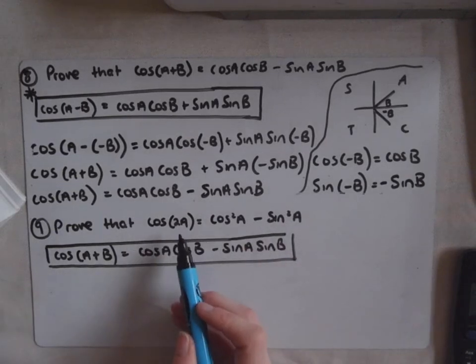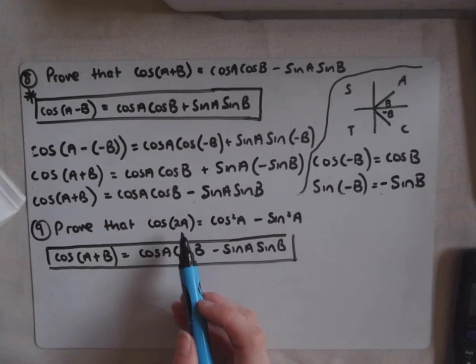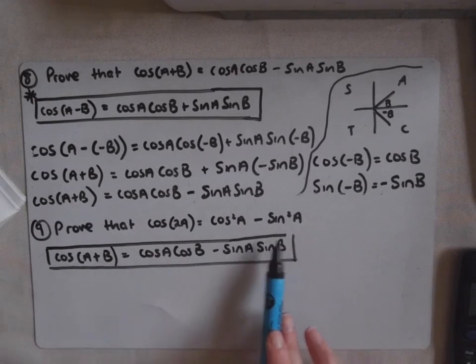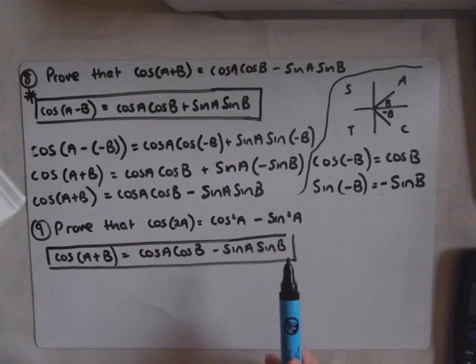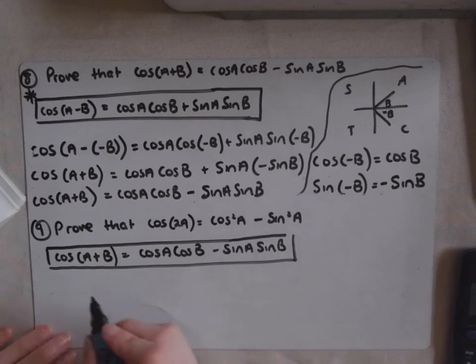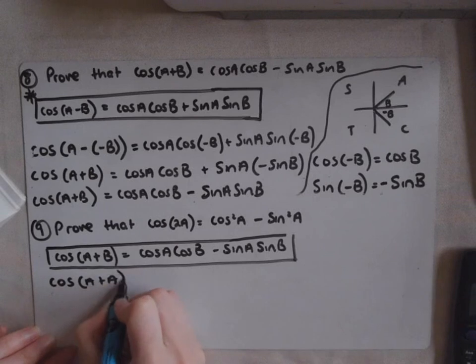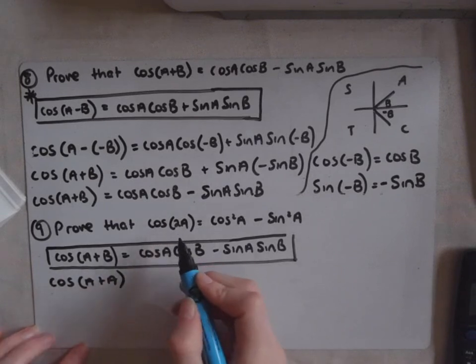Instead of cos of 2A, what am I going to write in the brackets? A plus A. Thank you, good job. Because A plus A would get me the 2A.